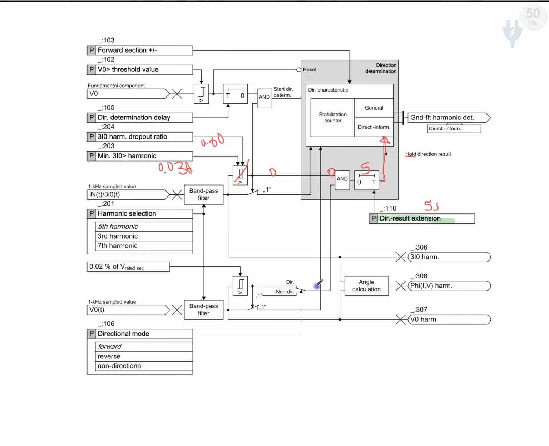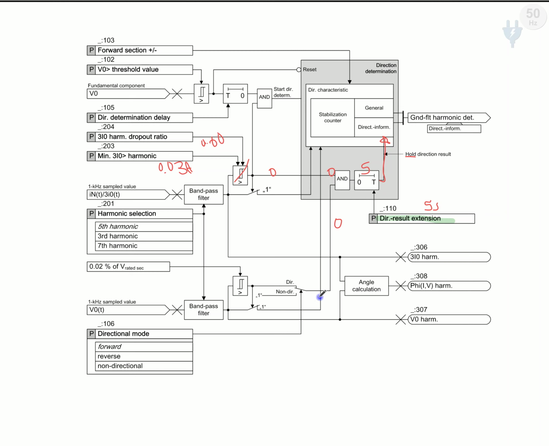Likewise for the harmonics of zero sequence voltage, if this signal is, for example, 0 during this 5 seconds, the previously determined result will be held.